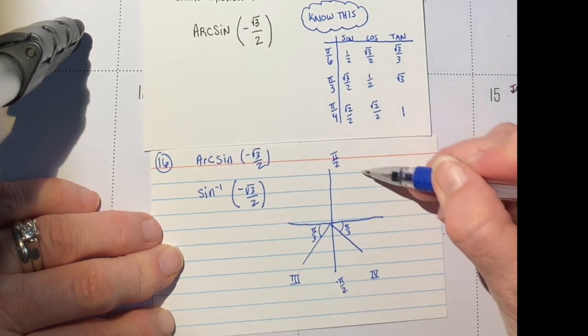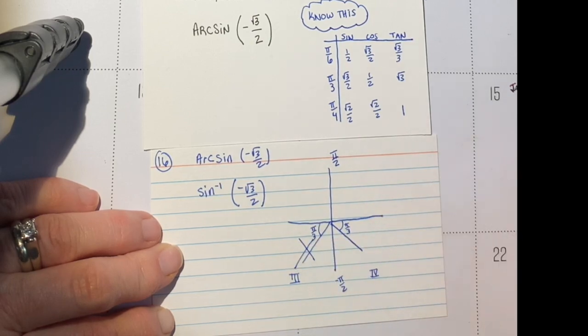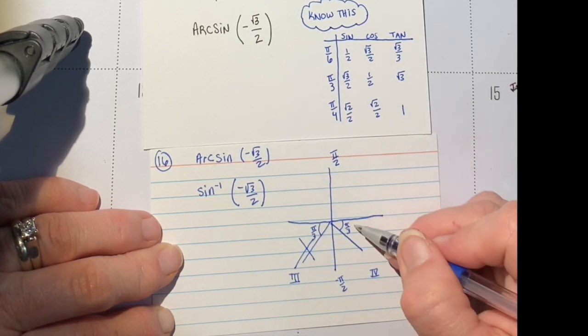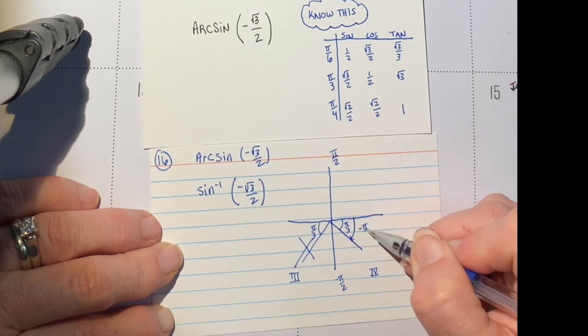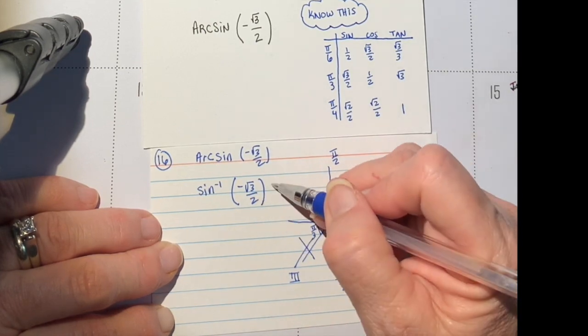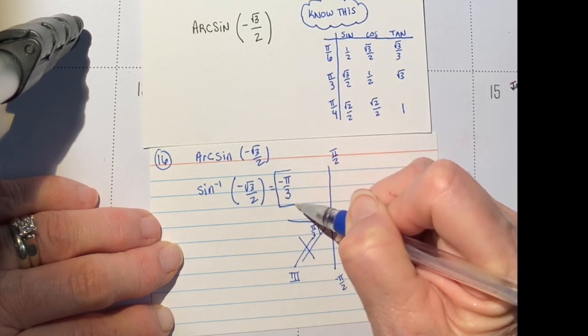So that means you can only use a quadrant 1 or quadrant 4 angle. So that rules this one out, which means it's going to be this angle right here. And so this angle from here to here will be listed as negative pi thirds. So the answer to this would be negative pi thirds.